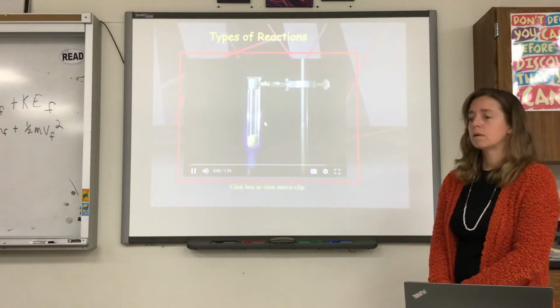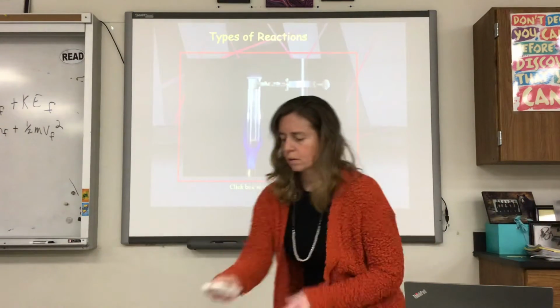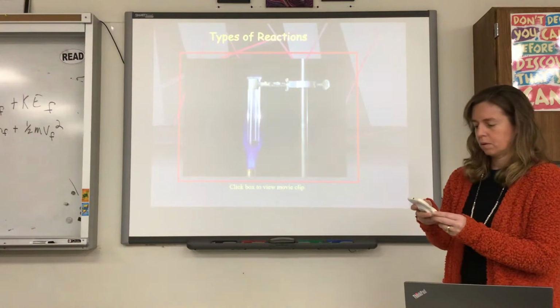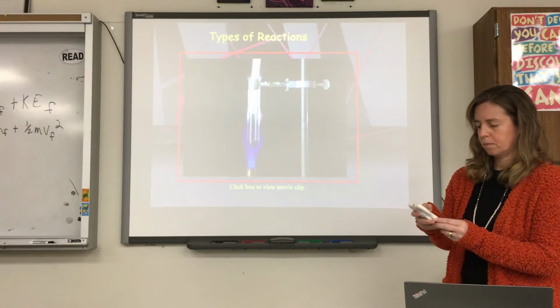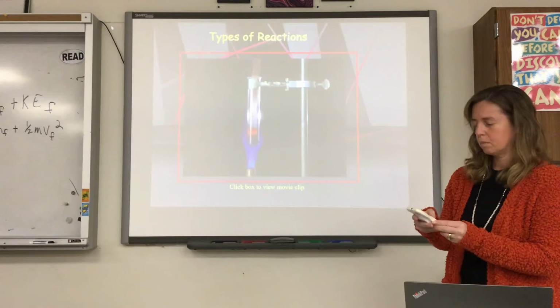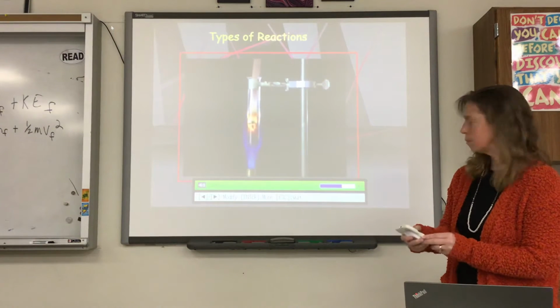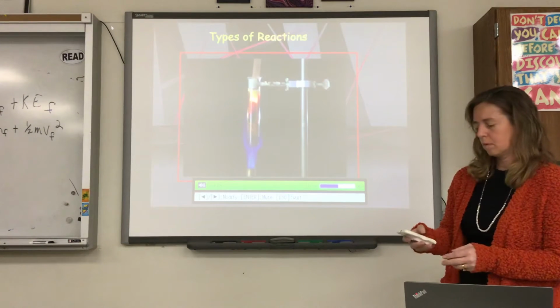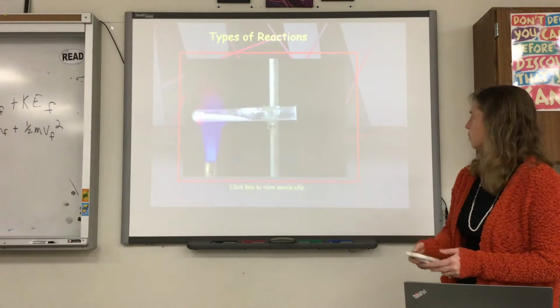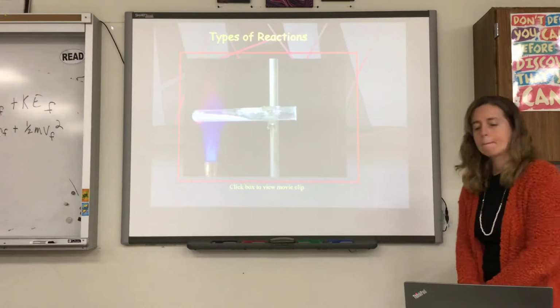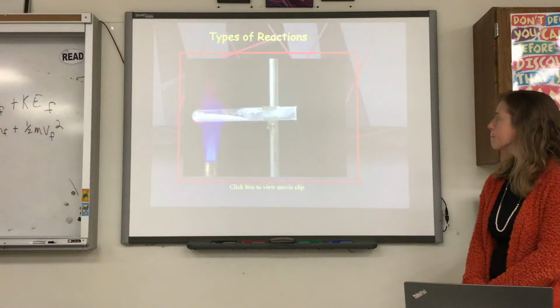There are 5 major classes of chemical reactions. A synthesis reaction occurs when 2 or more substances combine to form a single product. When copper is placed in hot sulfur vapors, copper 2 sulfide is produced. In a decomposition reaction, a compound breaks down into 2 or more simpler substances.